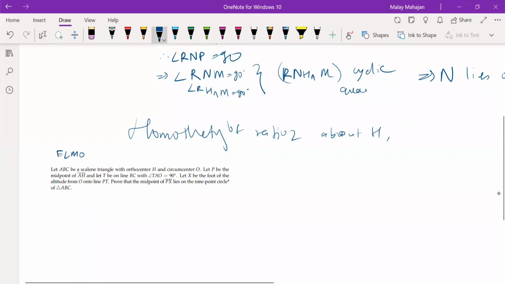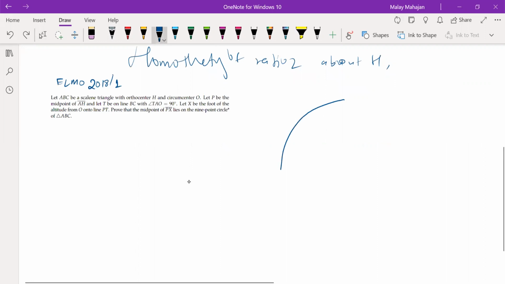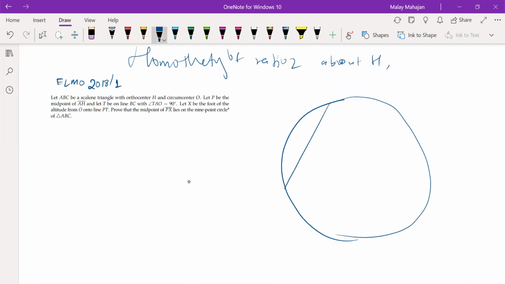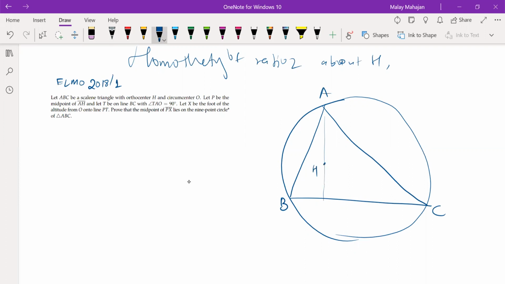This is ELMO 2018 P1. So you have triangle ABC with orthocenter H and circumcenter O. P is the midpoint of AH.